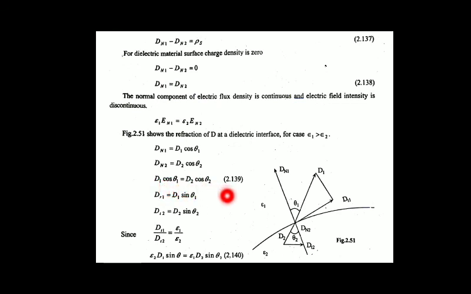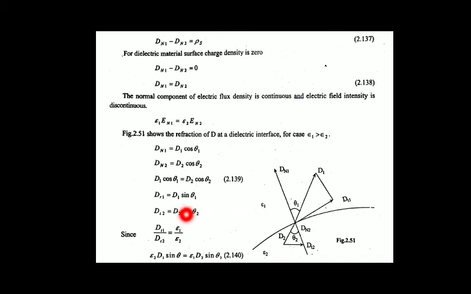Similarly for the tangential component, Dt1 equals D1 sin θ1 and Dt2 equals D2 sin θ2, and the ratio of Dt1 and Dt2 is ε1 by ε2.